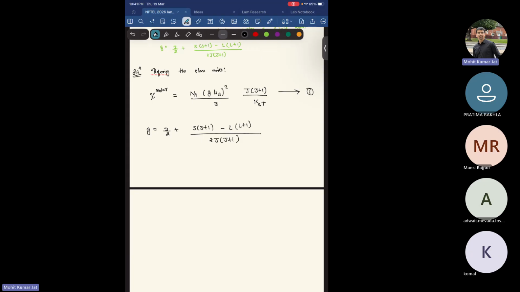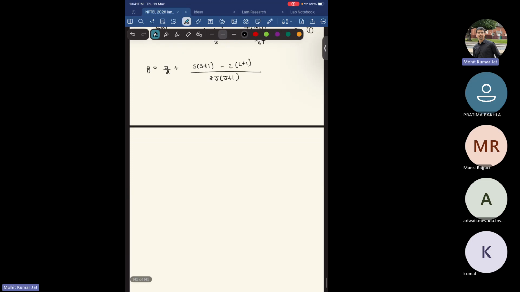If we know g in the system, we know the paramagnetic susceptibility, the Curie susceptibility basically. So the material is cobalt. Cobalt atomic number is Z equals 27, with 3d7.